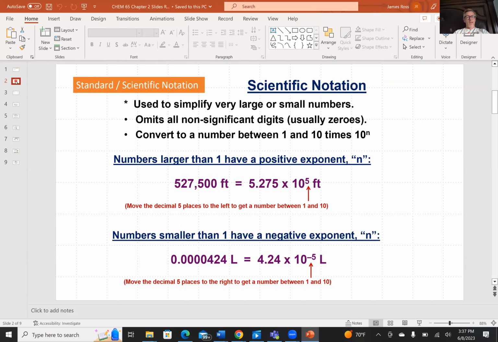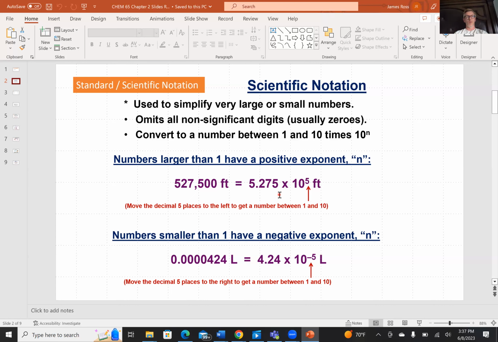Okay, so standard notation, this is just regular numbers. So for example, on the left over here, we have a number 527,500. So any regular number that you're familiar with, that would be standard notation. On the right, we have it in scientific notation.